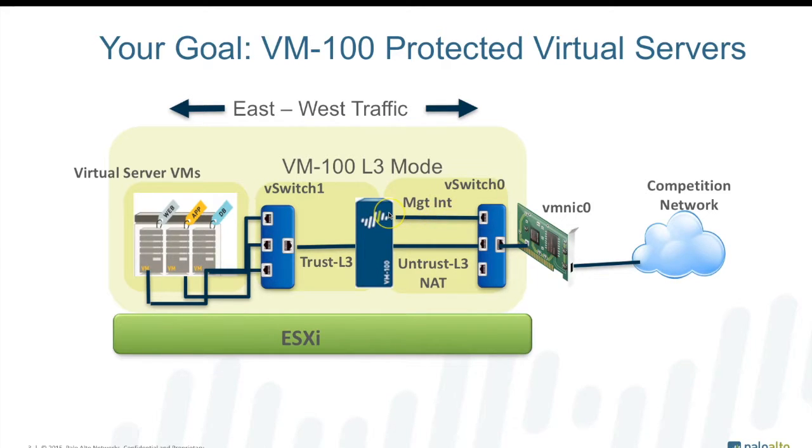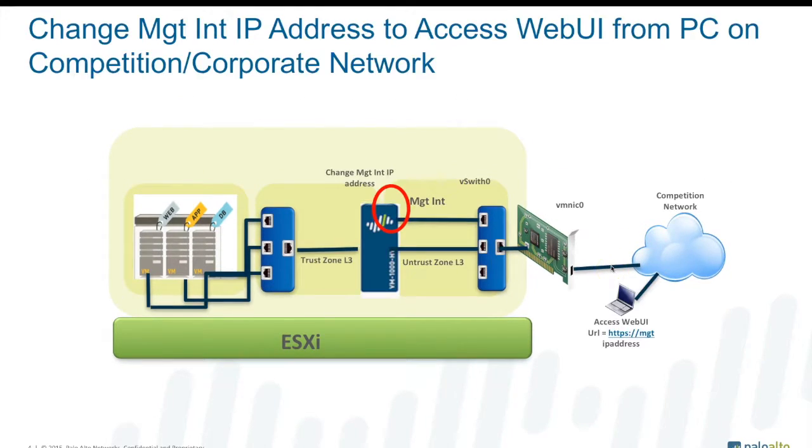We also changed the IP address so that it's consistent with our network. The reason is that initially we're going to be accessing that management interface from a computer in our competition network.